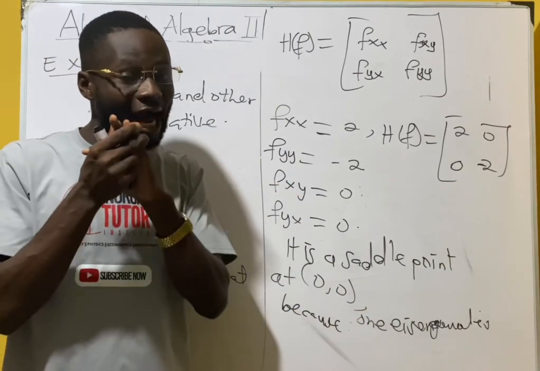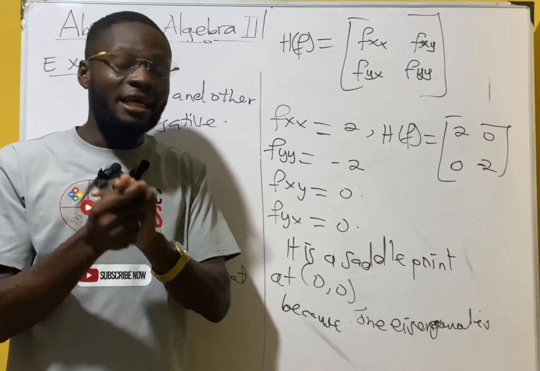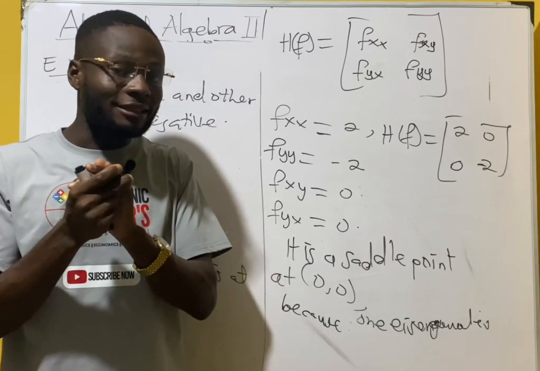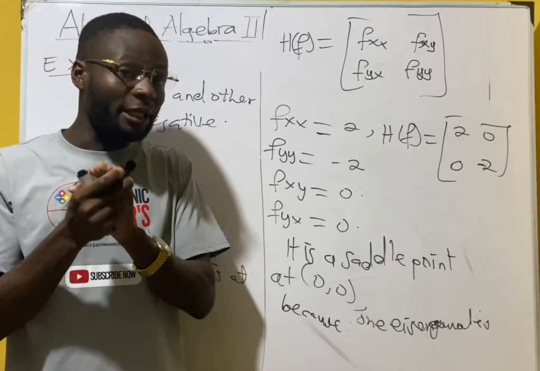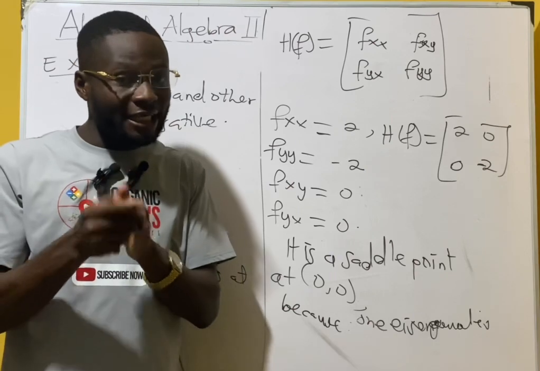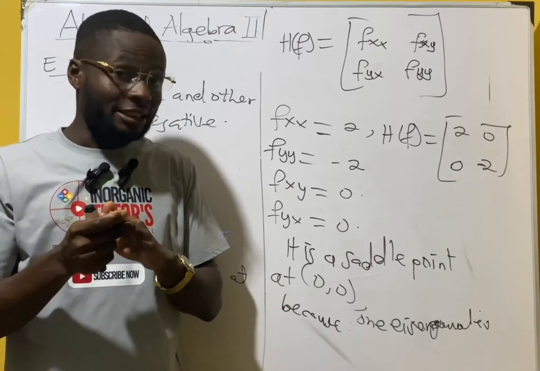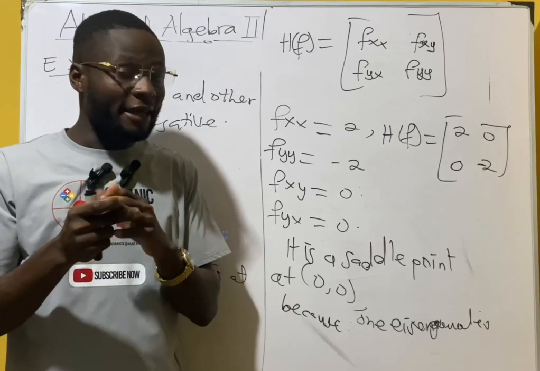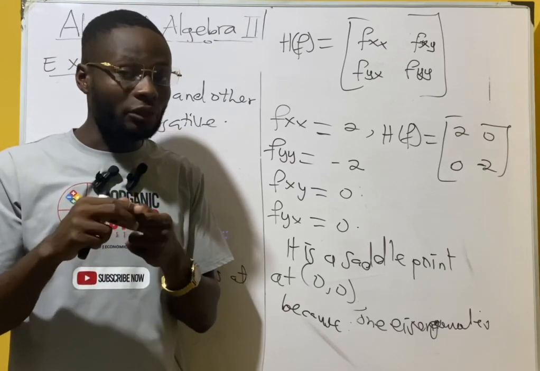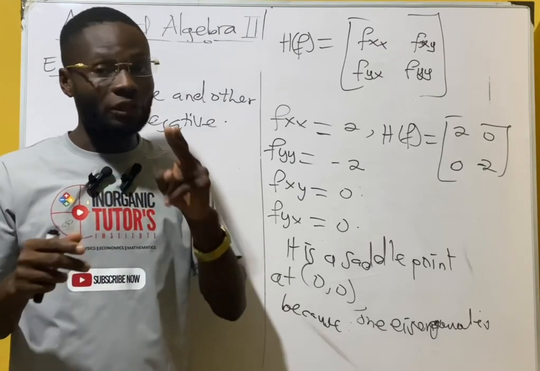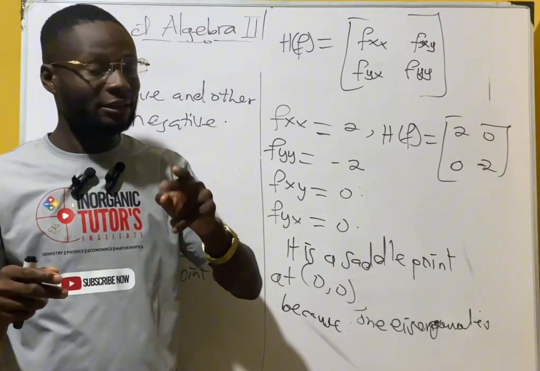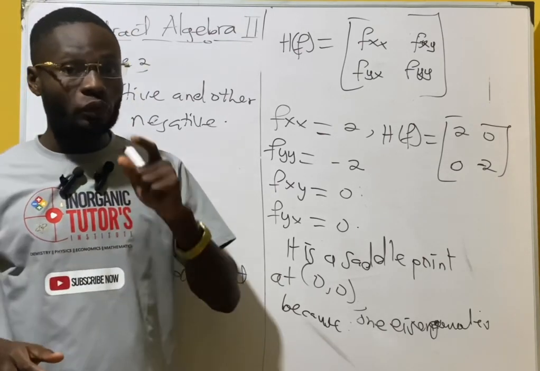If both eigenvalues are positive, then you can boldly say that it is at a local minimum. If both are negative, then it is at a local maximum. If one is negative and one is positive, then you can talk about a saddle point. So that is example 2.